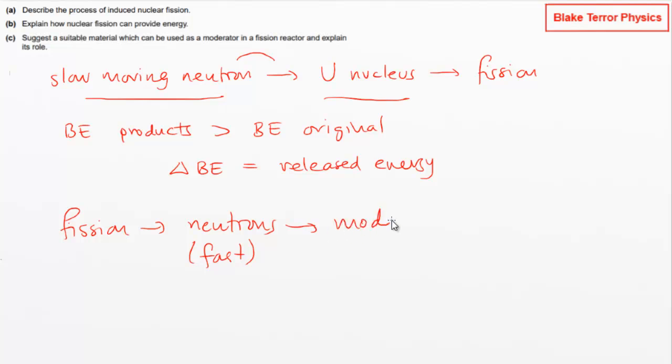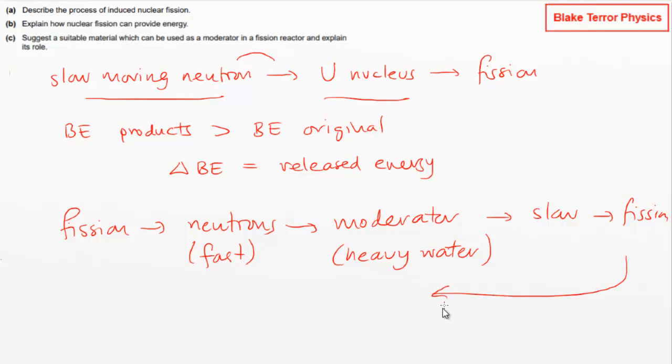So you pass them through the moderator, which might be something like heavy water, say. Water made with deuterium as its hydrogen. That leads to slow neutrons, and then they can go on to more fission. So we're back to the start.